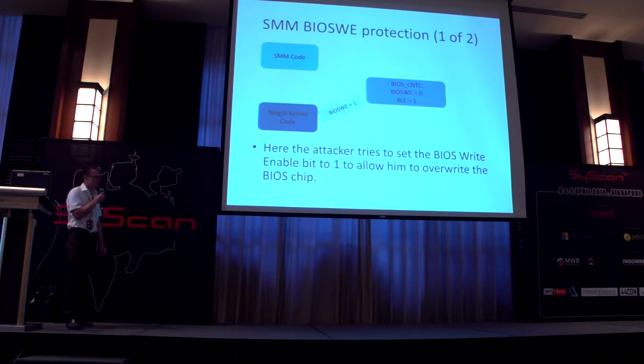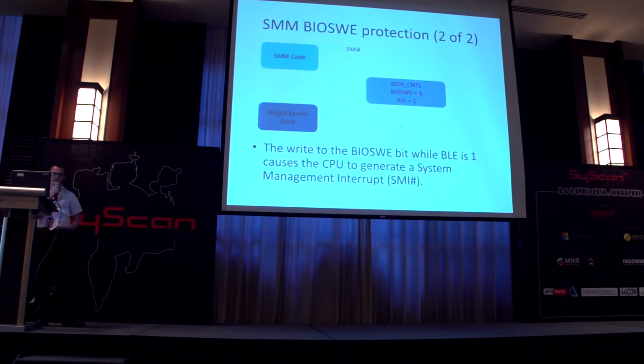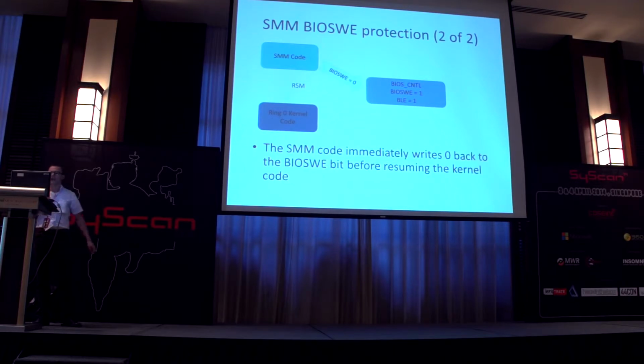We have some malicious Ring 0 kernel driver that's trying to make malicious writes to the BIOS or to the flash chip. It sets BIOS write enable to 1. And notice here that BIOS lock enable is also set. So because it's set, as soon as the operating system sets BIOS write enable to 1, an SMI is generated. And this SMI is in theory supposed to come in and set BIOS write enable back to 0.